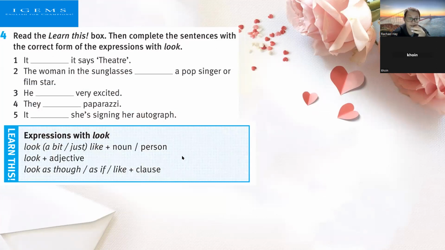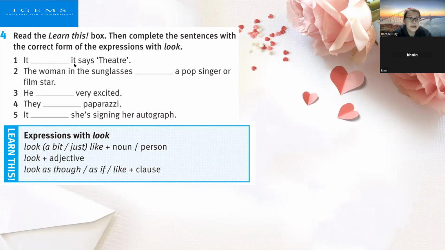Do you understand? Okay, and then we can say it looks as though plus the clause. So it looks as though he is eating a hot dog, like if we can't really see correctly. It looks as if he is tired.